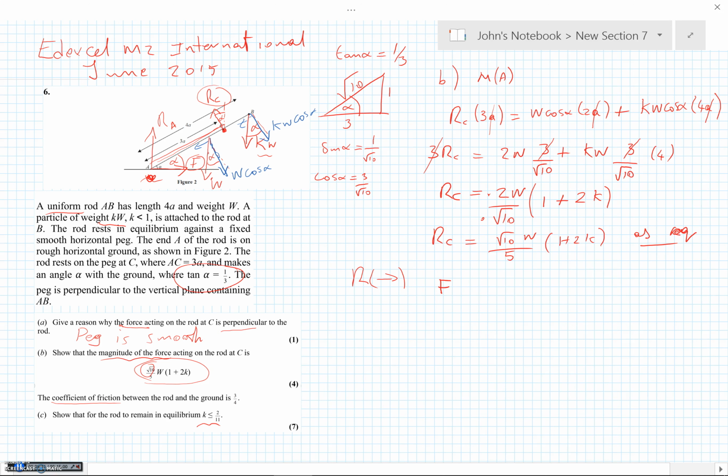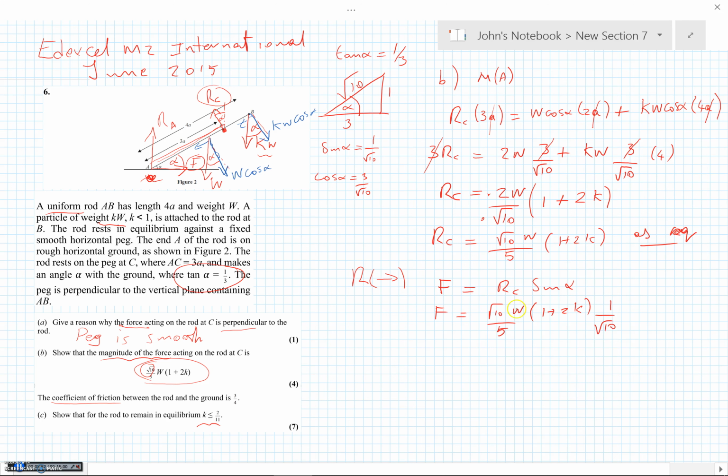So we've got F equals RC sine alpha, and that gives us F is equal to, we know that RC is the square root of 10 W over 5, 1 plus 2k, and we know that sine alpha is equal to 1 over the square root of 10.